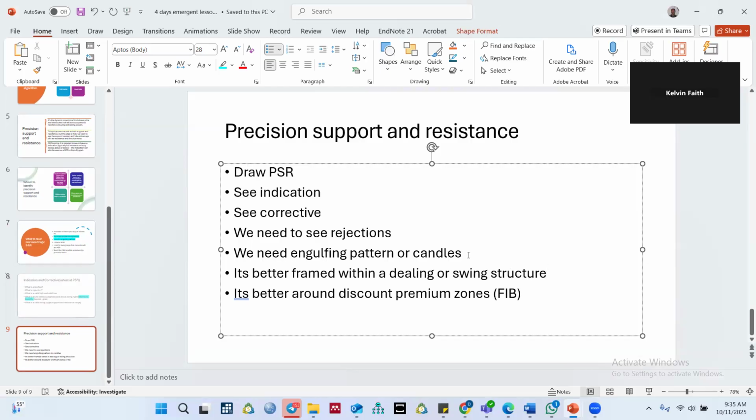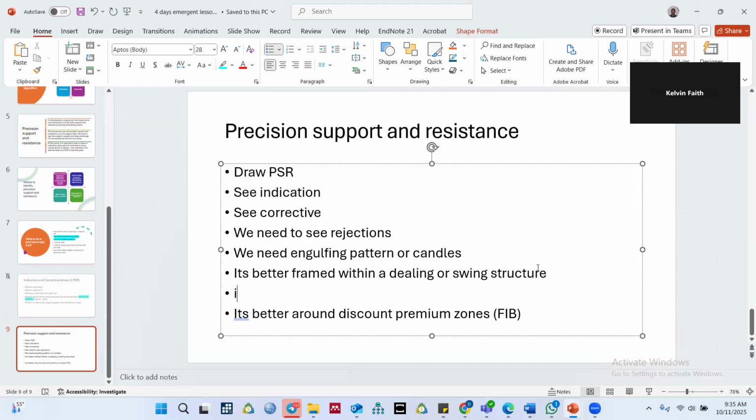And then the last thing is we need to see BOS or change of direction. So these are some of the basic things that we need.